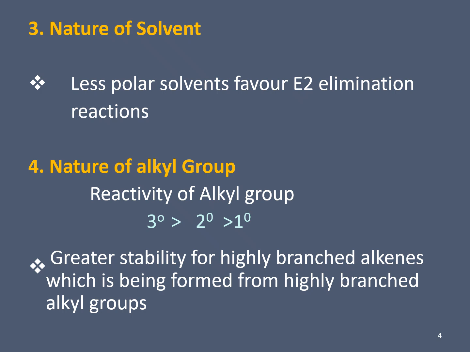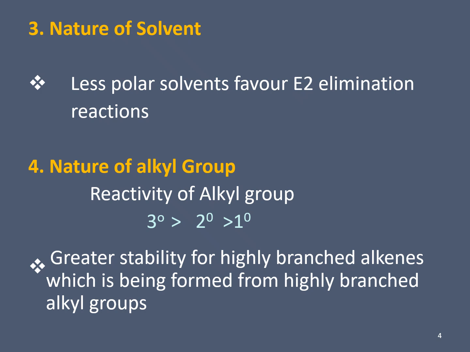And because of the greater stability of the more highly branched alkene being formed, that means if a highly branched alkyl group is there, then we will get a highly branched alkene, and the highly branched alkene is more stable when compared to less branched alkenes.